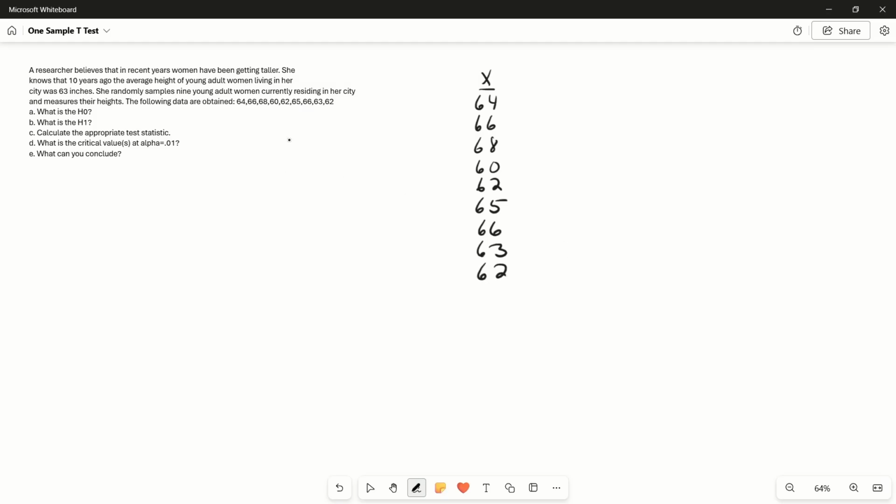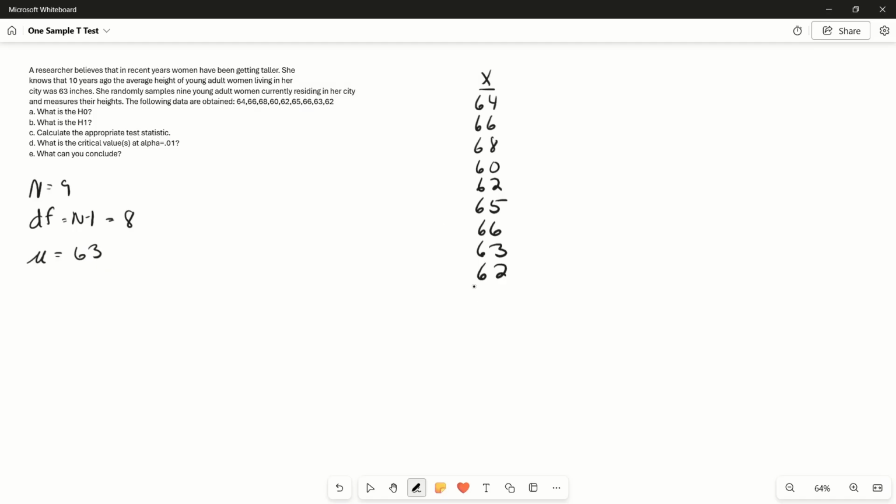These are 9, right? 4, 5, 6, 7, 8, 9. So n is 9. Degrees of freedom is n minus 1, so that's 8. And we're comparing it to a population mean of 63. We don't know sigma, so we have to use S. We have to use the sample standard deviation, and we must use t.